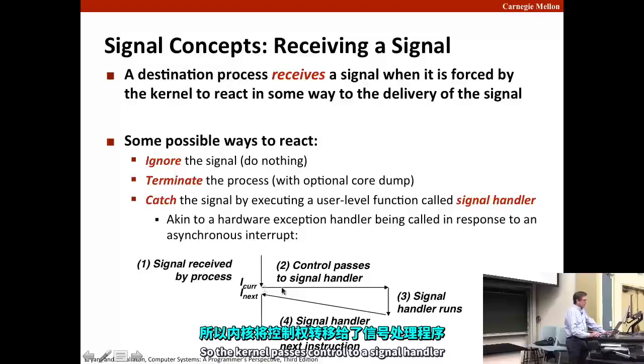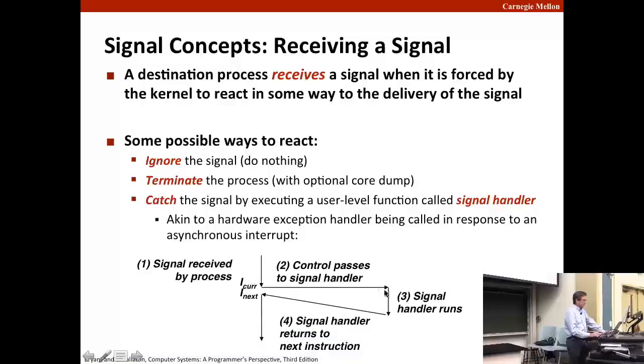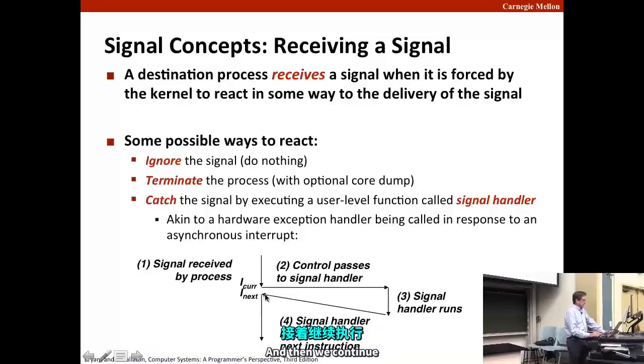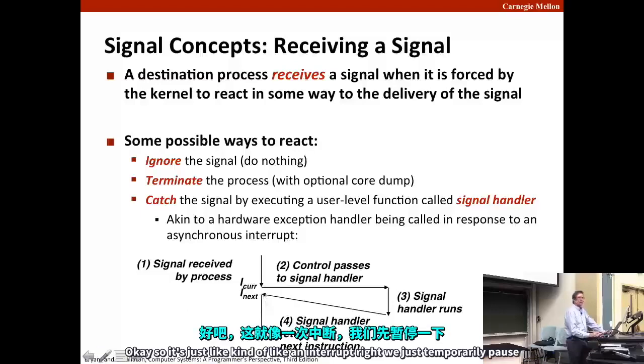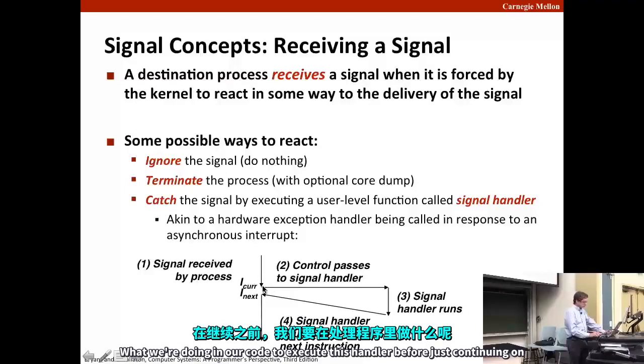The kernel passes control to a signal handler, which is just a function in our C code. The signal handler runs, and when it returns, it goes back to the next instruction, and then we continue. It's kind of like an interrupt: we temporarily pause what we're doing to execute this handler before continuing on.